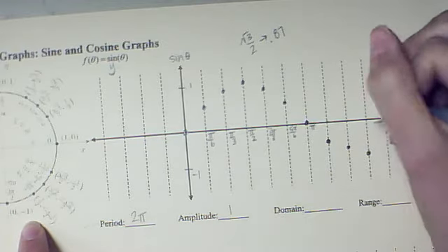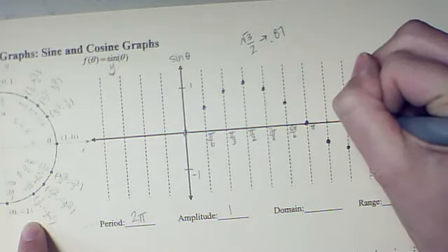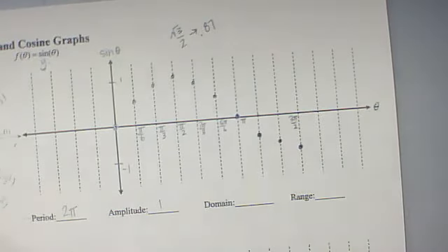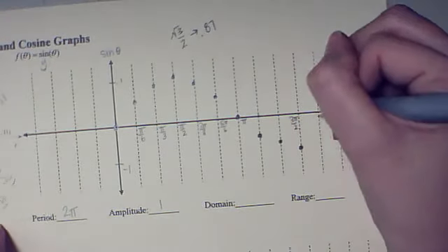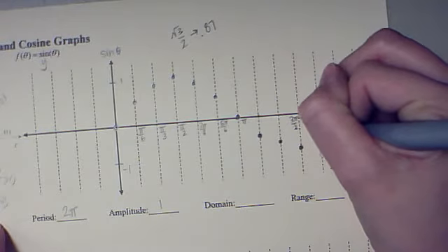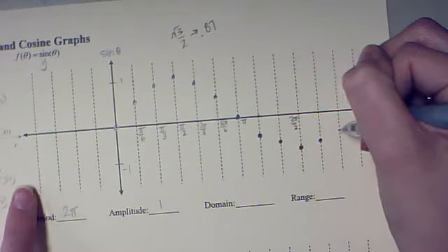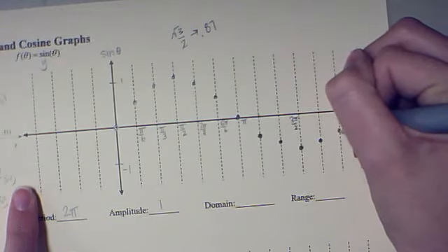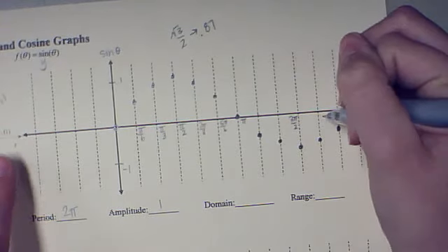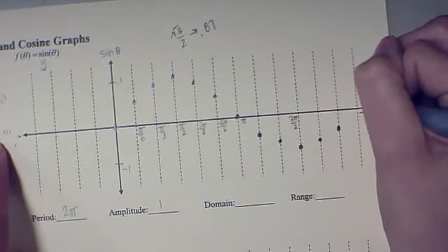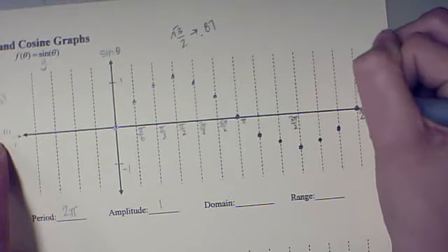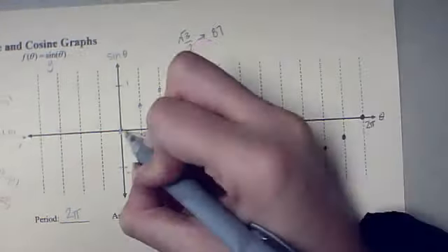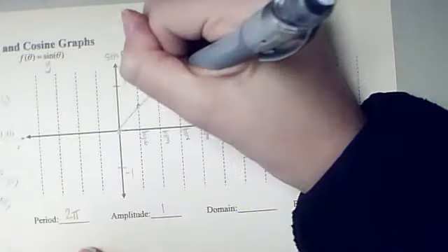Let's go ahead and label that as a reference point. My next one would be 5 pi over 3, at -0.87. The next pi over 6 value would be 11 pi over 6, at -1/2. And when I get back to 2 pi, my value is 0. Now I'm going to connect that as a smooth curve.